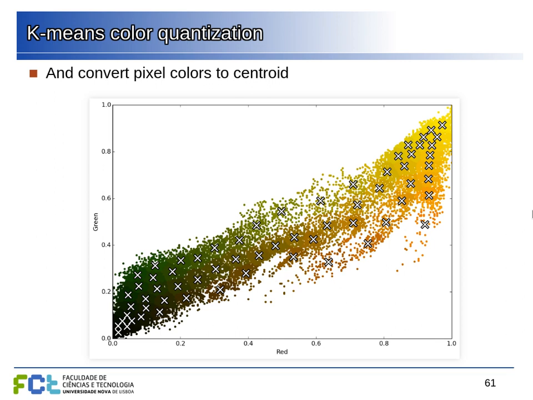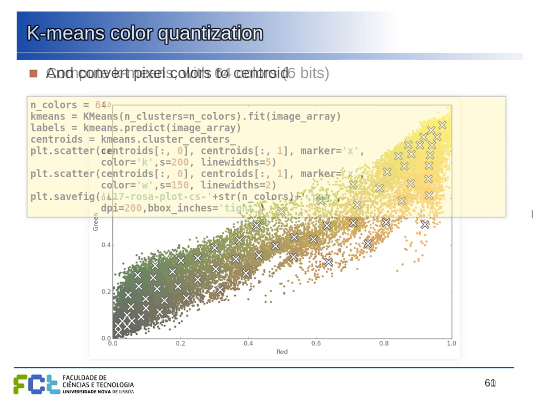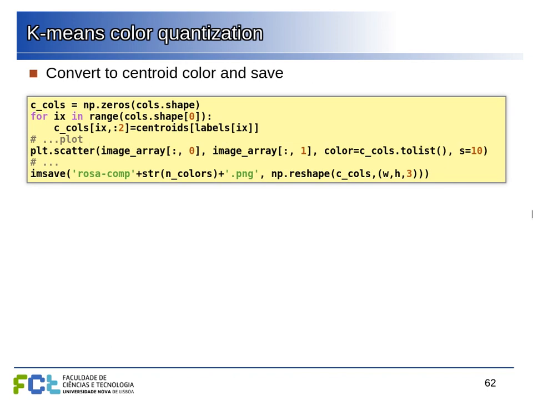So where do I have the code for that? Here. So for each pixel, I'm going to give it the red and green components equal to the centroid for that pixel. So instead of having this different spread of colors, I'm going to convert the colors of each cluster all into the same color, which is given by the centroid. And now we can convert the image there. So this is the original image.